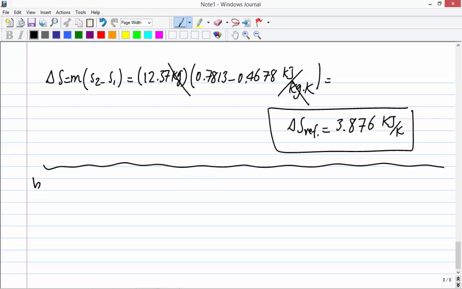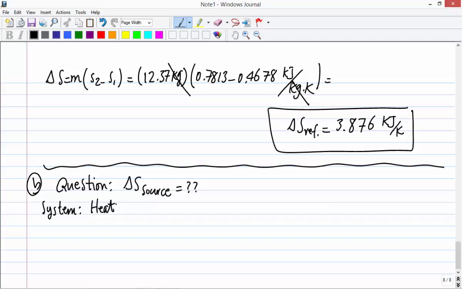The question is the total change of entropy of the heat source, and it's saying that you need to pick the heat source as your system.